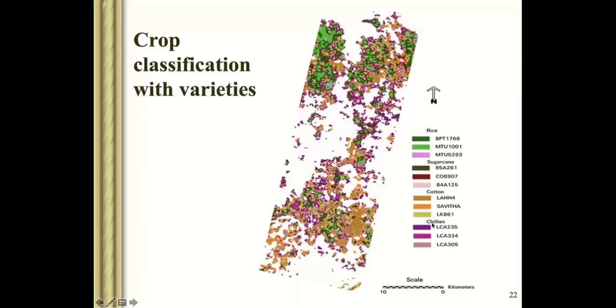Like you can differentiate two types of basmati rice, even by using this hyperspectral data, because all the rice varieties have different leaf thickness, different types of cuticle, different types of biochemical parameters. Because some basmati rice smell very good, some do not.